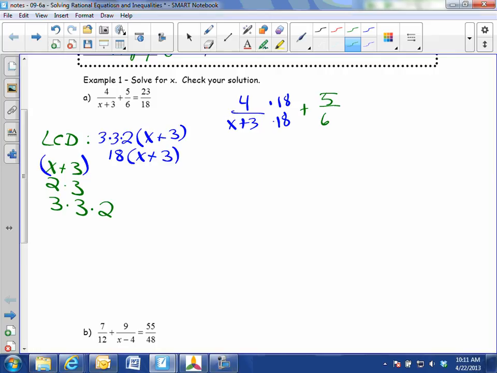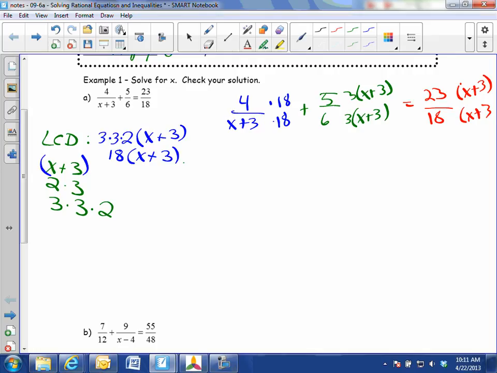What do I have to multiply this by so it's the least common denominator? 3 times x plus 3. And we've got the last one. What do I have to multiply it by? Okay, everybody follow so far?